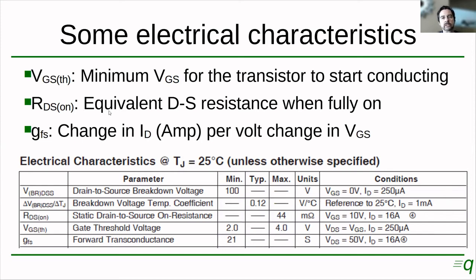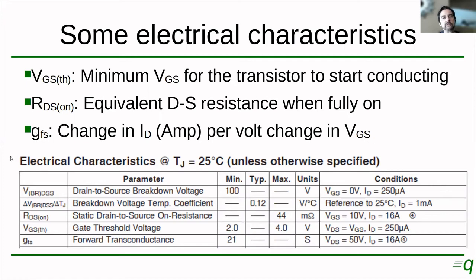Remember, MOSFET transistors are many times used in switching applications, so they are characterized by an on-off state. The other one is GFS, which is the transconductance, that is the change in the drain current in amps per volt of change in gate source voltage, okay?